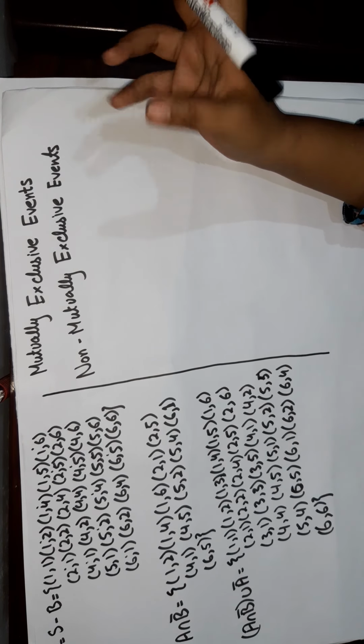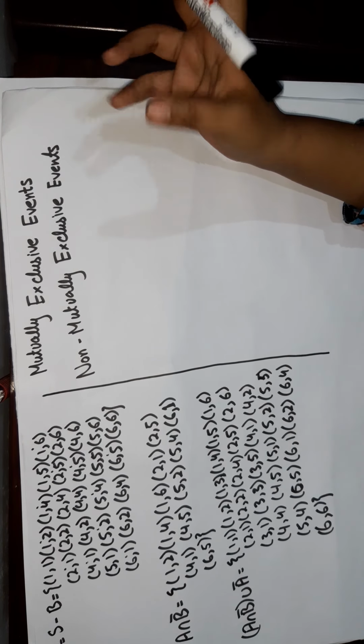Now the next topic is counting techniques. We have two main counting techniques: permutation and the second one is combination. Both of these counting techniques are used for counting the elements of the sample space, or counting all possible outcomes.